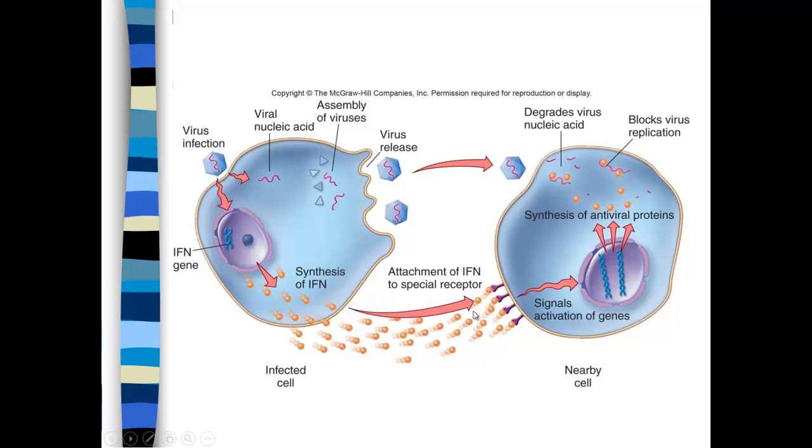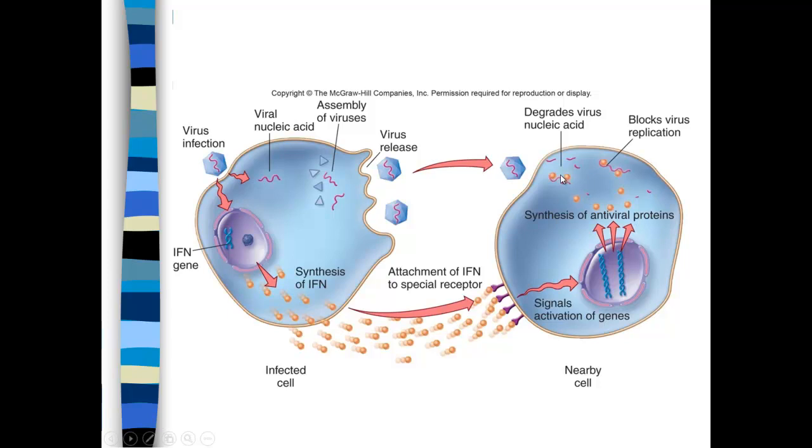These are secreted from the cell, and then they go to a specific receptor on a nearby cell. This is just a bystander cell that isn't quite as infected with viruses, or maybe not infected, and this causes a specific signaling. And interferon, when it binds with its receptor, will signal antiviral proteins to be synthesized, and once they're synthesized, they'll break down the virus.